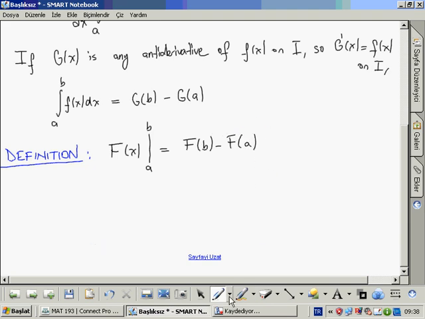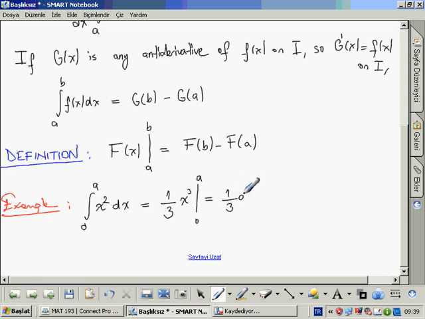And a simple example: the integral from 0 to a of x squared dx, as I said, this is an even function, equals 1 over 3 x cubed from 0 to a, which equals 1 over 3 a cubed minus 1 over 3 times 0 cubed, so it equals 1 over 3 a cubed.